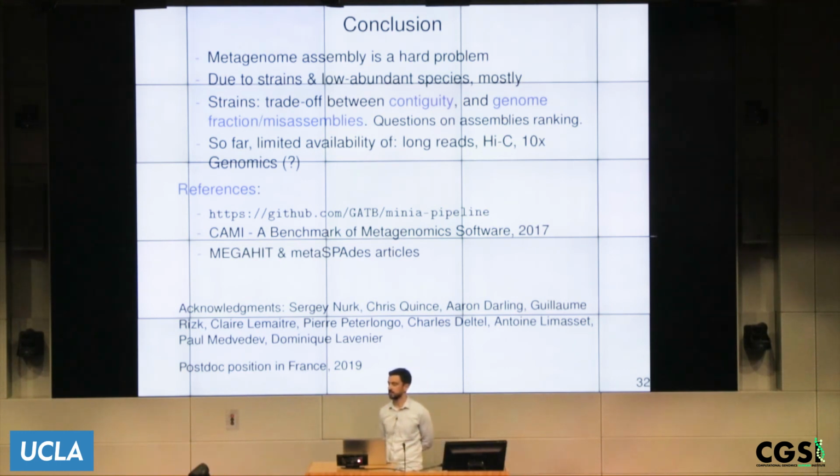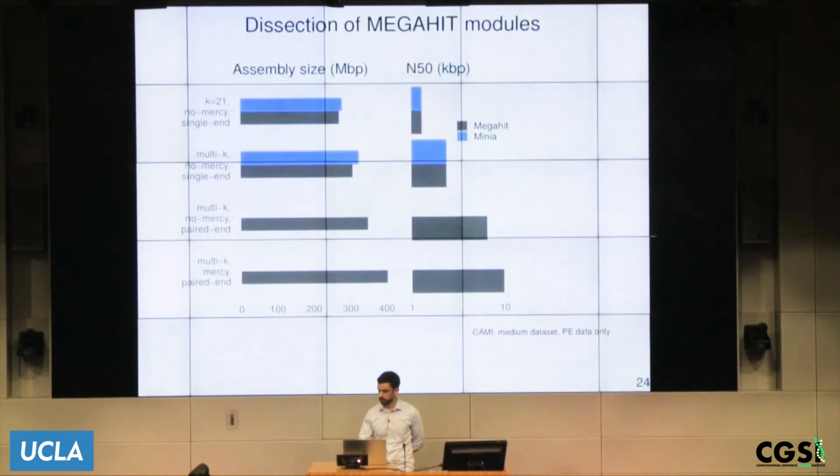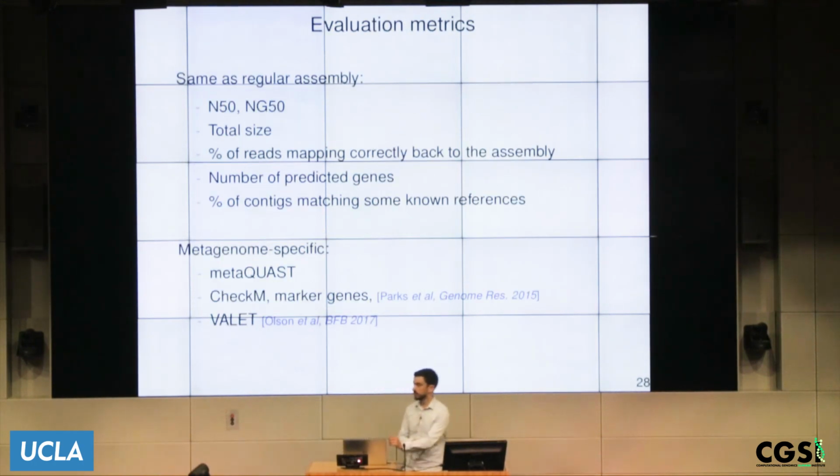So in a sense, there are some metrics that are specific to metagenome. Do they have a notion of how far the data is? Right, so I'll go back to the slide that is this one. If you put together two stretches of sequences which should not be together, then Valet aims to detect this.